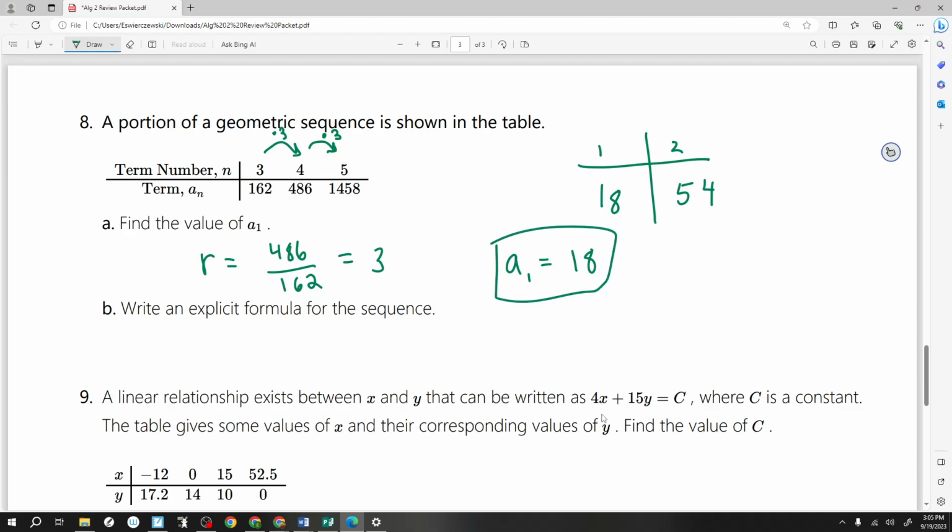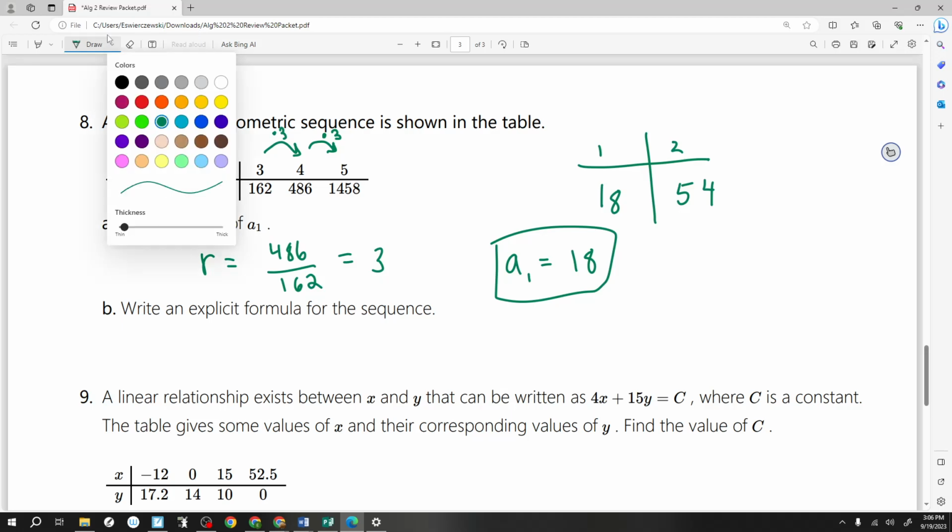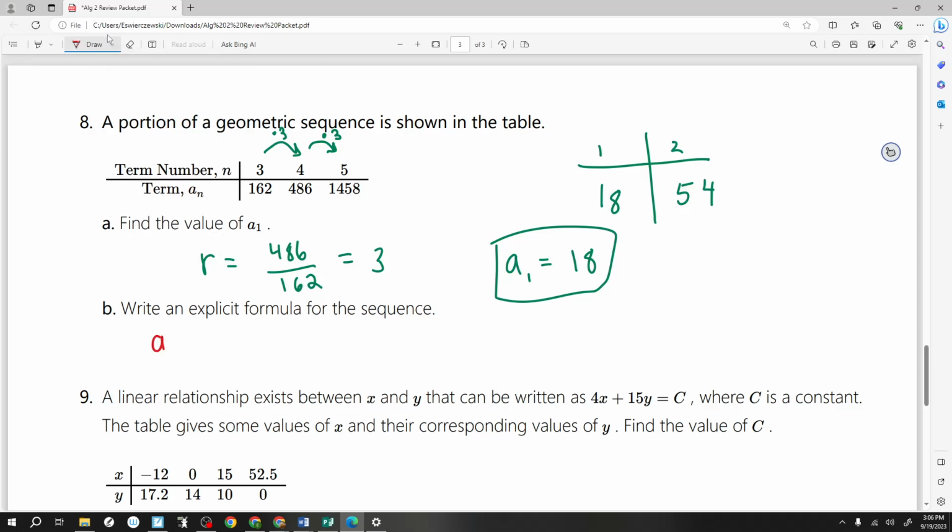Write an explicit formula for the sequence. Oh boy. I think that's lesson 1.3. Nope, 1.4. Yeah, 1.4. Explicit. AN equals what?